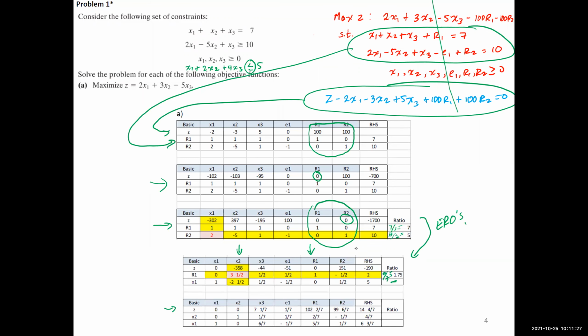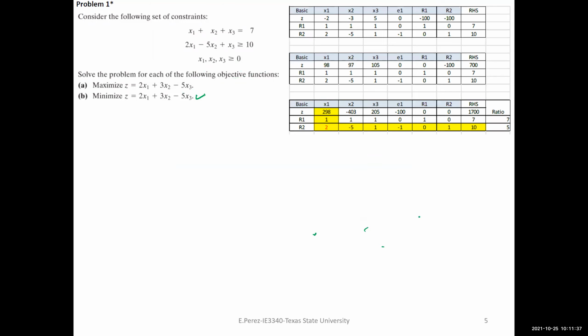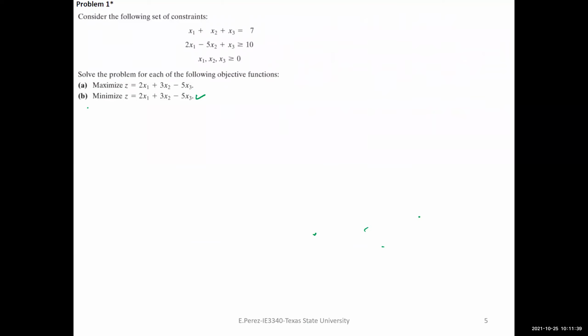Why is that? Let's formulate this problem. Okay, so now this is our objective function.